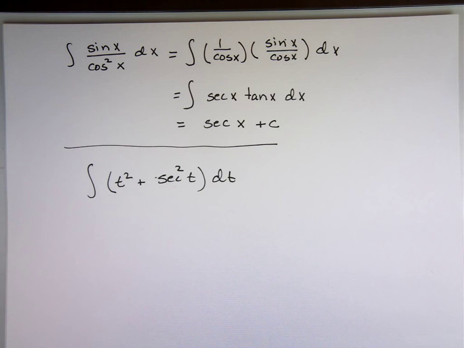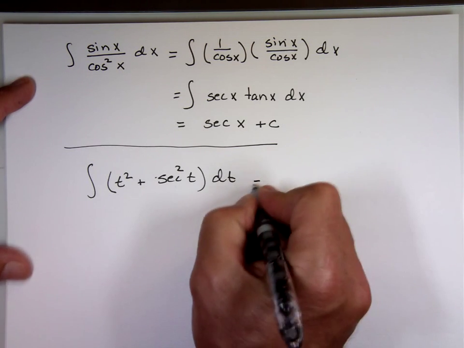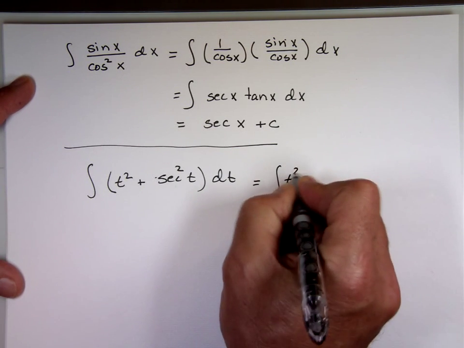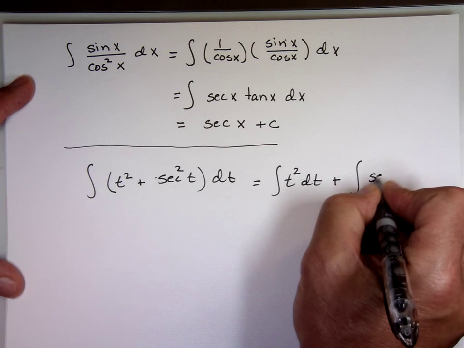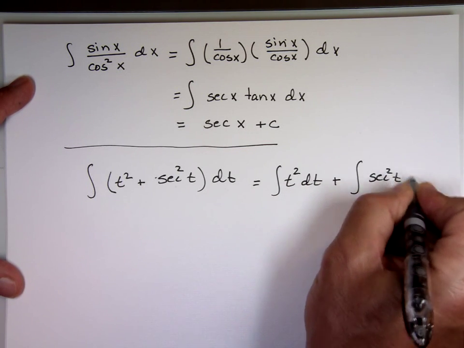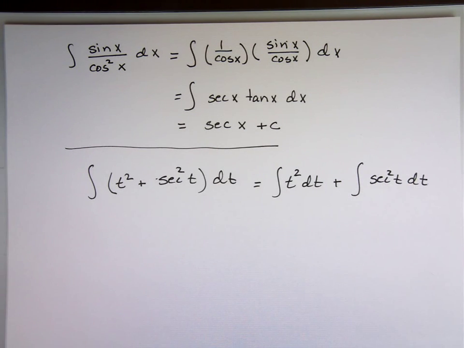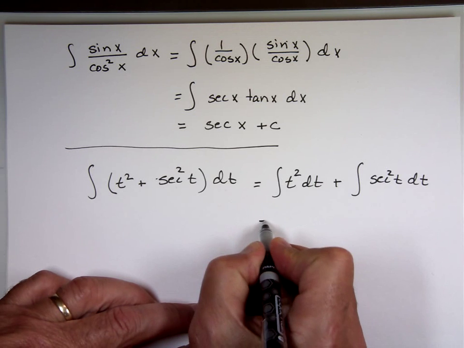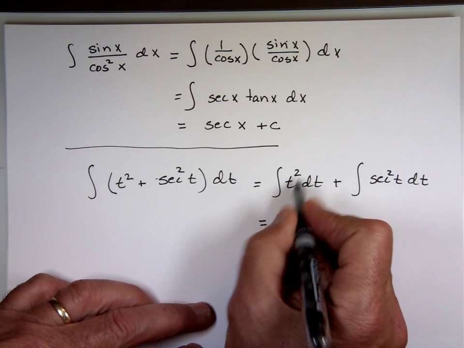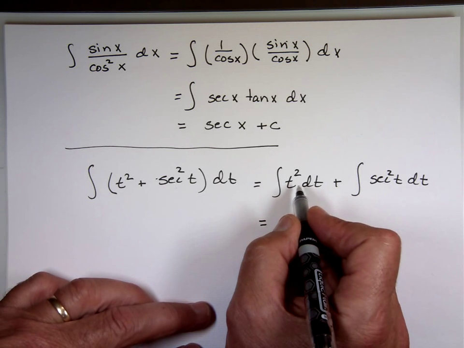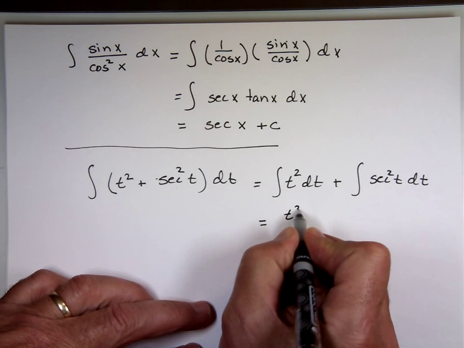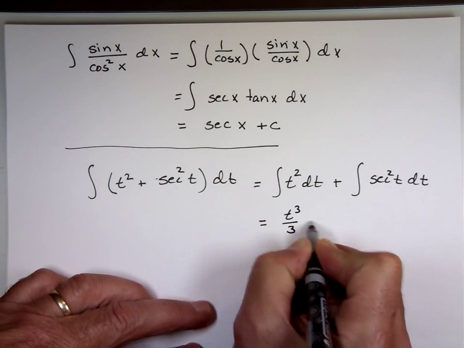Again, you can break it down to the integral of t squared dt plus the integral of secant squared t dt. Integrate this. This is straightforward. Add 1 to the power, divide by the new power. So t to the third over 3. This one doesn't fit that format.